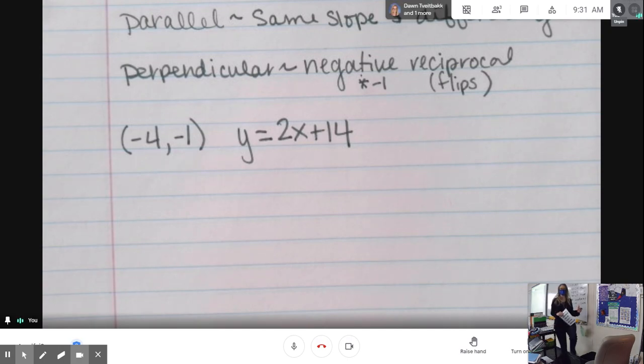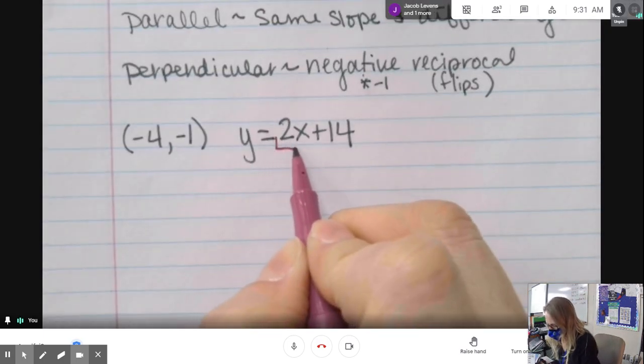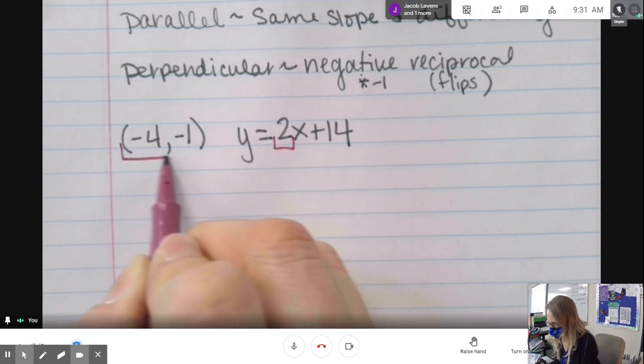We want it to be parallel, and we want it to go through this point.